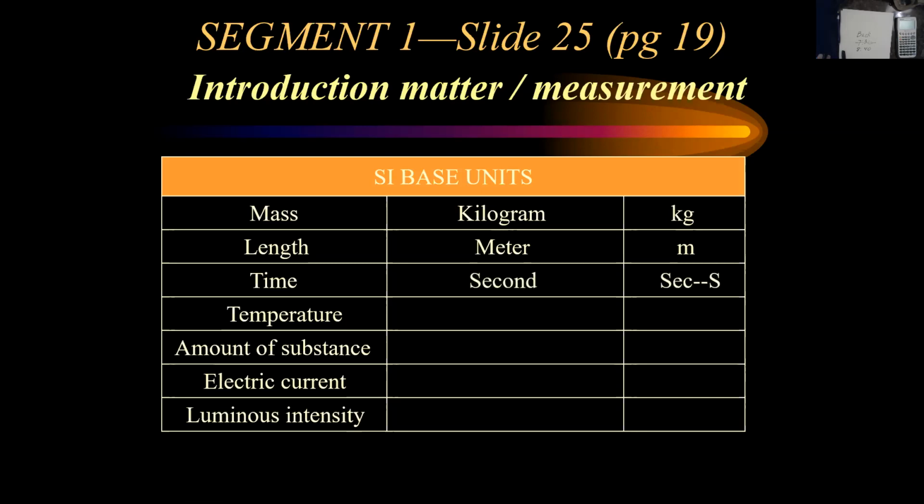Time is seconds, and we do use that one. Temperature is kelvins. Now, the Kelvin temperature is really the Celsius temperature plus 273.15. And the Kelvin degree is the same size as a Celsius degree. So if you had a Celsius thermometer, you could just add 273.15 to each of the numbers, and that would give you the Kelvin temperature number.